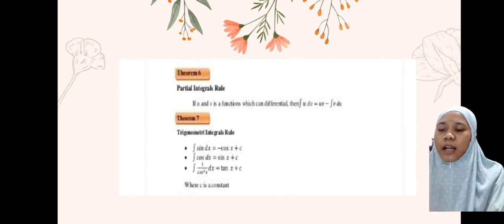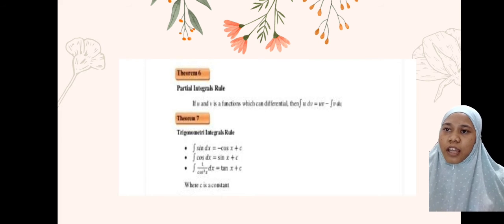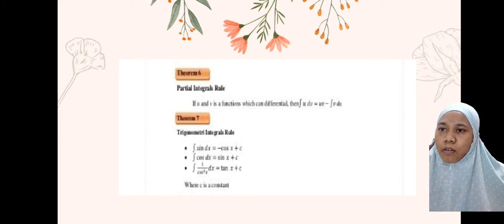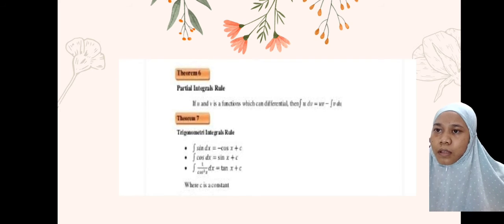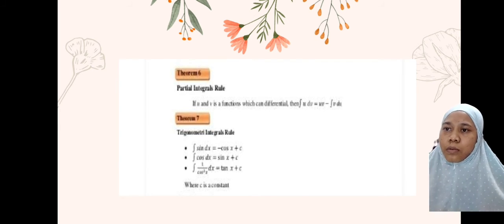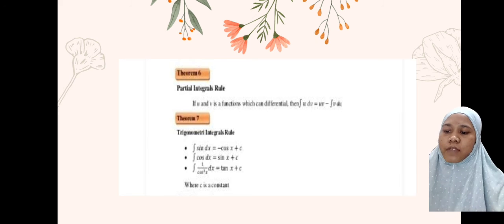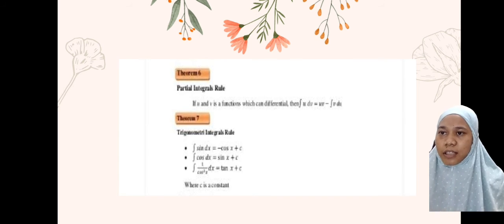1. The integral antiderivative operation of sin x dx equals minus cosine x plus c. 2. The integral antiderivative operation of cosine x dx equals sine x plus c. And 3.